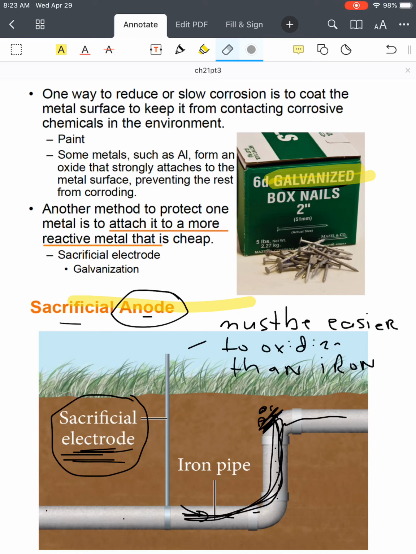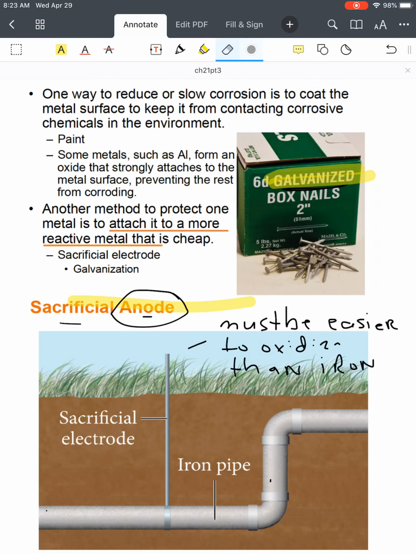Because redox reactions proceed preferentially, the easiest to oxidize substance will be oxidized first until it's all gone. If we put a very easily oxidized substance in electrical contact with this iron pipe, that easily oxidized substance will react first, and thus it will protect the iron inside the pipe.